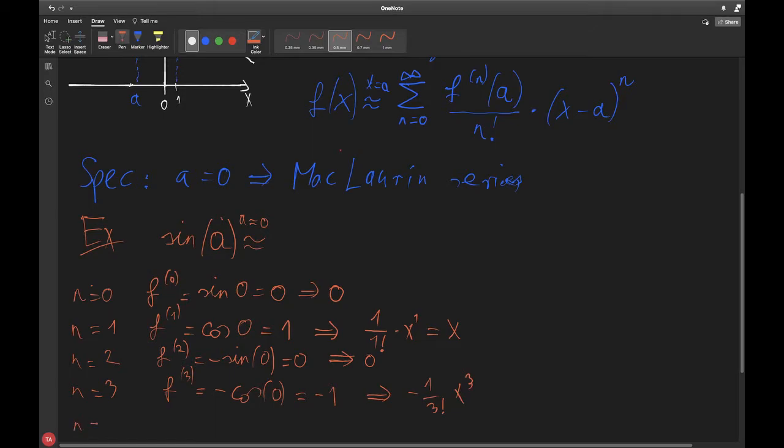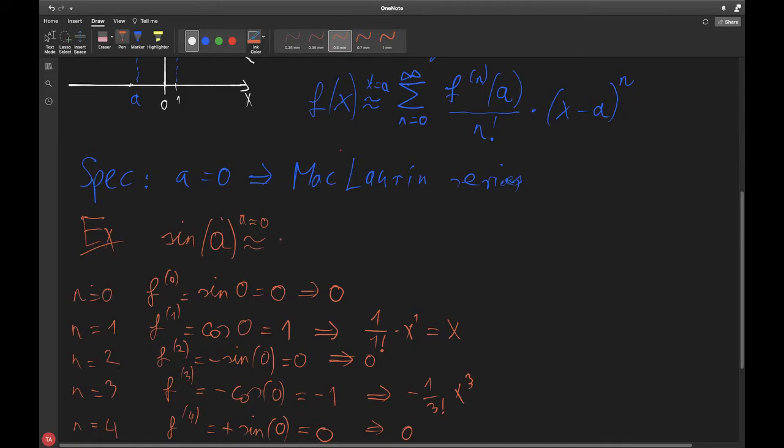And then if I look at number 4, the fourth derivative of sine is the derivative of minus cosine, which is a minus sine, but we already had a minus, so it's just going to be a plus. Sine at 0 gives us 0. This term is again just a 0.